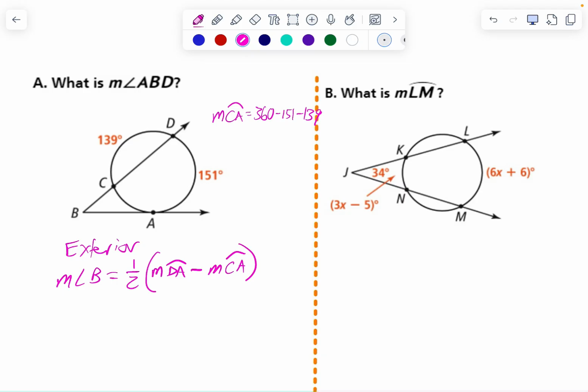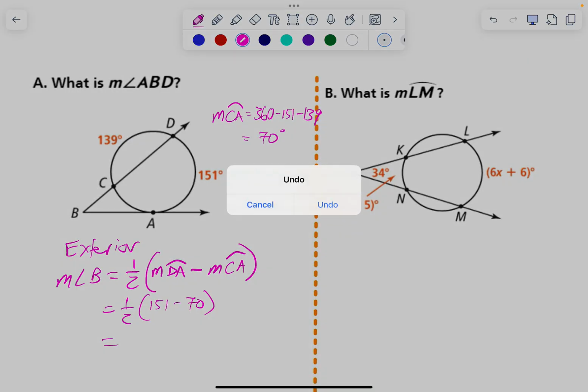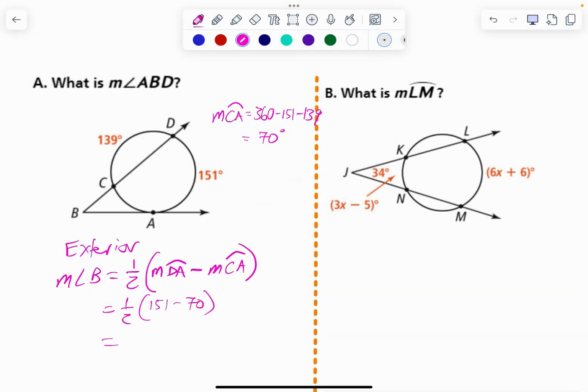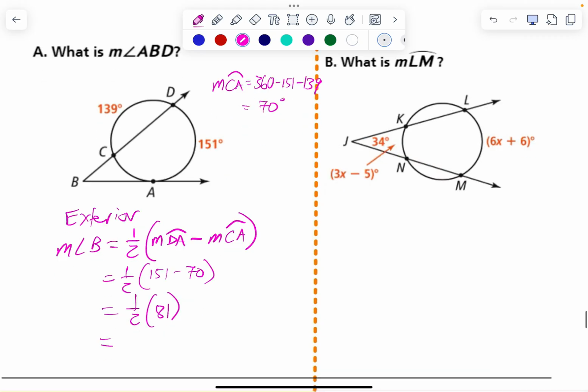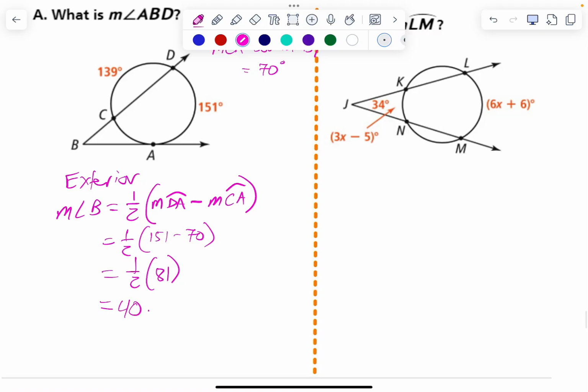So that's 70. What's 151 minus 70? 81. What's half of 81? And this is degrees because it's an angle.